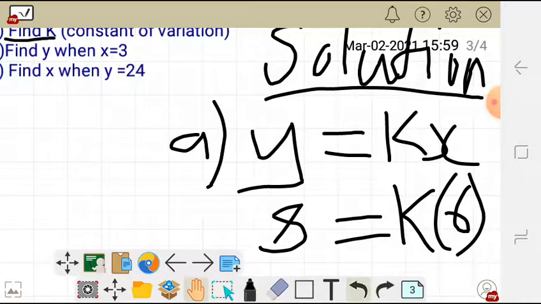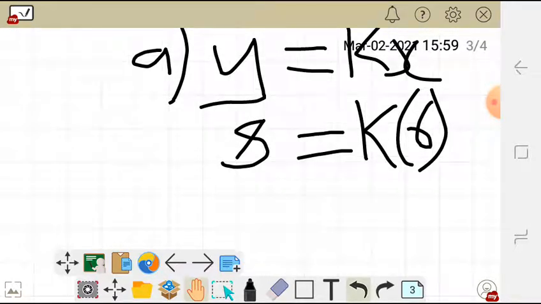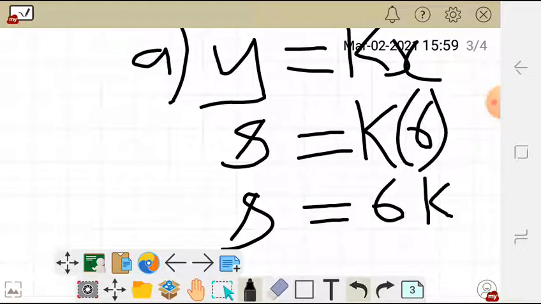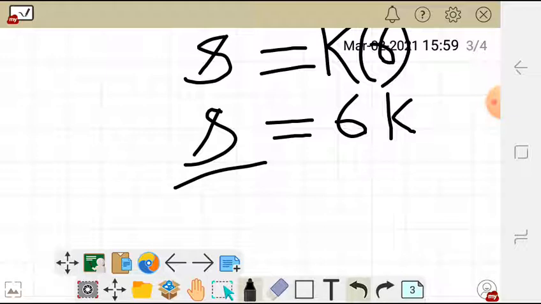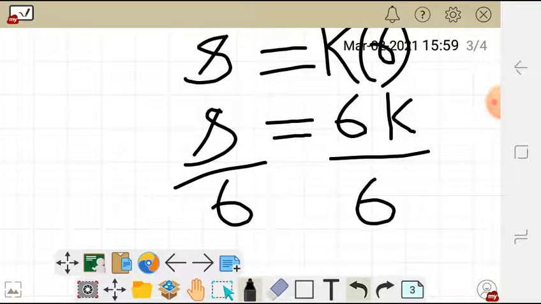Let's calculate now. We have 8 equals k times 6, which is 6k. From here, to find the value of k, we are going to divide both sides by 6.